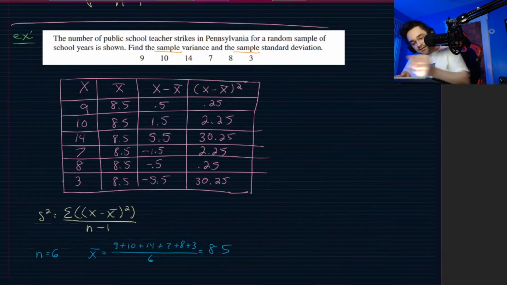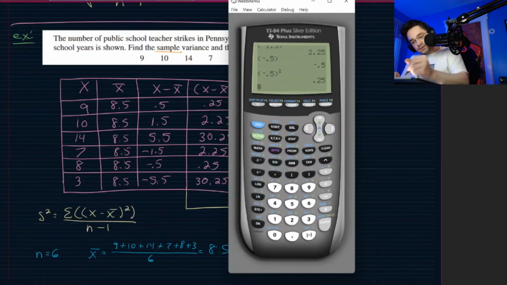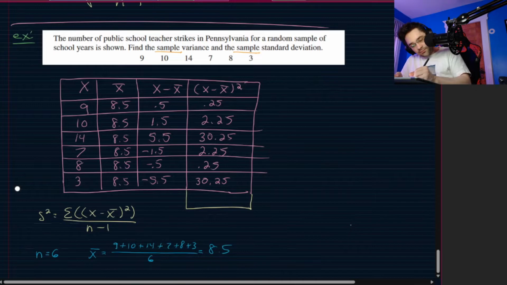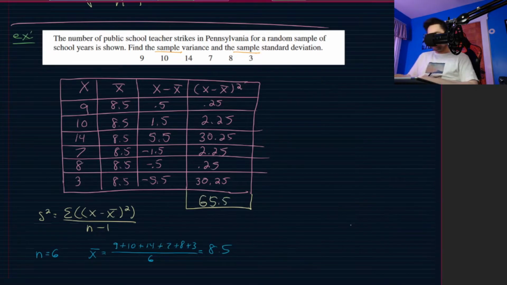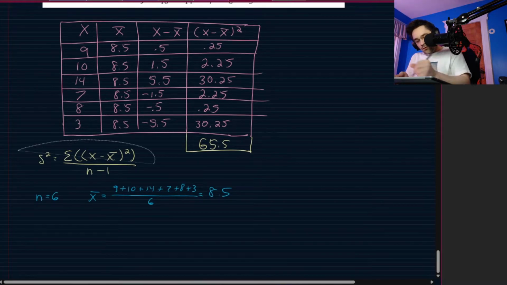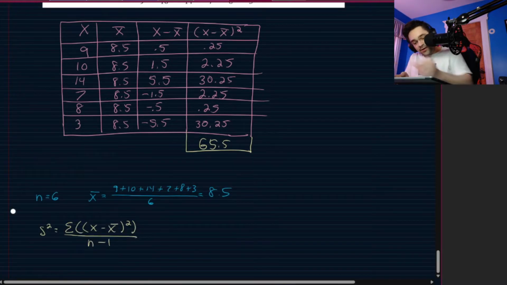Okay, and we're going to need the sum of all of these x minus x bar squared. So let's add these up. 0.25 plus 2.25 plus 30.25 plus 2.25 plus 0.25 plus 30.25. It's 65.5. So what do we end up getting here for our variance?